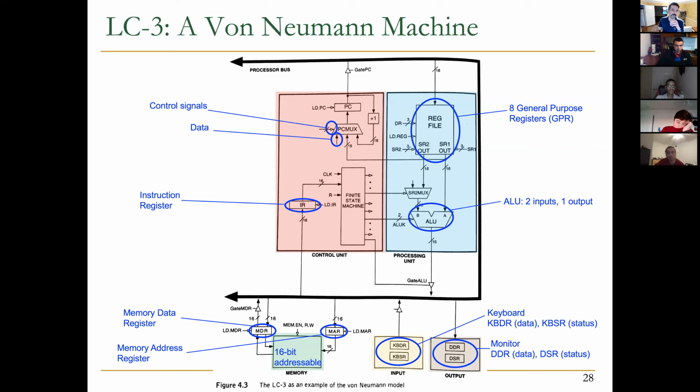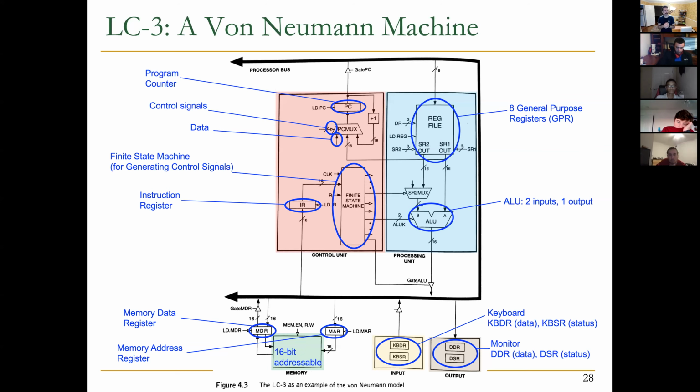You have the instruction register, which essentially tells you what instruction you want to execute, and you have this program counter, and you have this finite state machine.